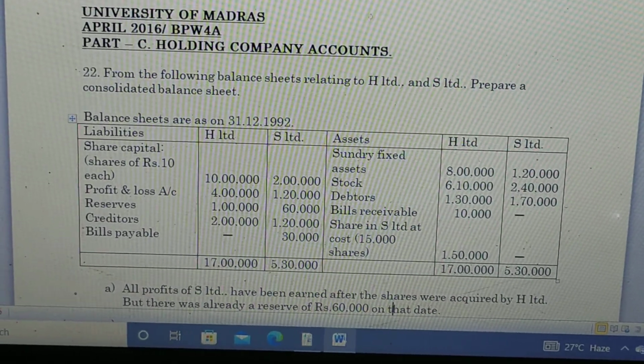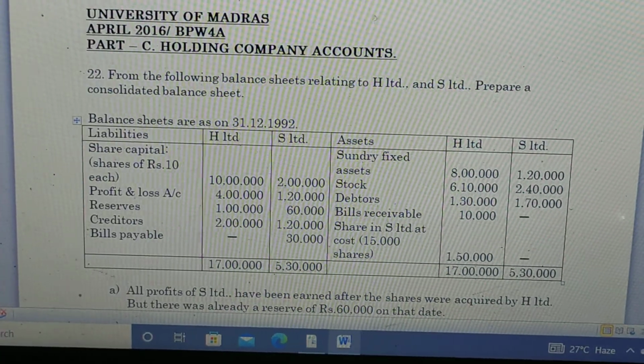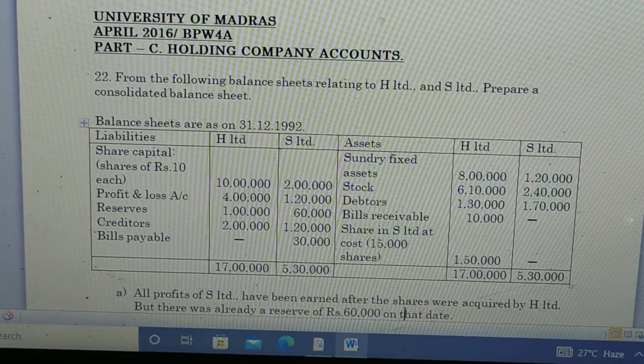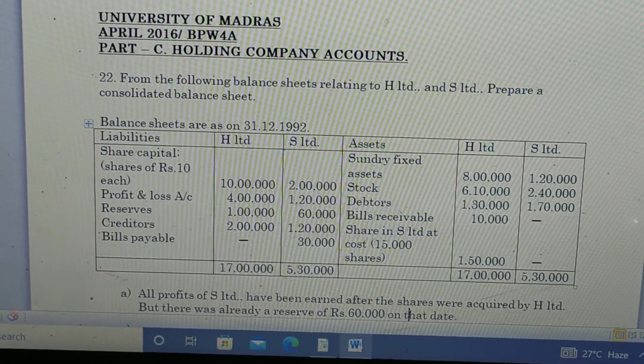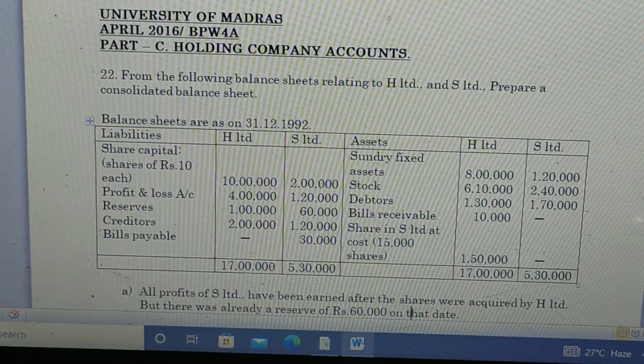Profit and loss account 4 lakhs for H Limited, 1,20,000 for S Limited. Reserves 1 lakh for H Limited, 60,000 for S Limited. Creditors 2 lakhs for H Limited, 1,20,000 for S Limited.